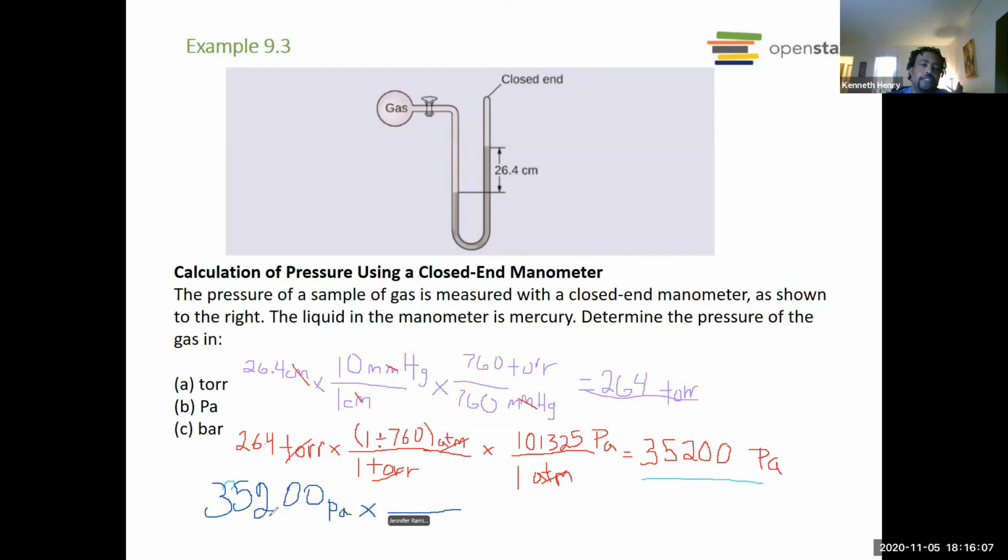Anybody know? 100,000. Okay, so I could say 1 bar, and we want to get rid of pascals, right, Jennifer? So I'm going to put a bar on top, and then we'll put our 100,000 pascals on the bottom.